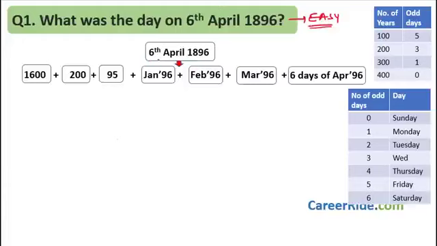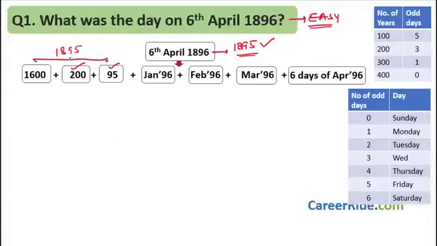So see, 6th April 1896 means the time has completed till 1895. These are complete years, and 1896 is going on. So let us work out this 1895 first. Can I write this 1895 as 1600 plus 200 plus 95?